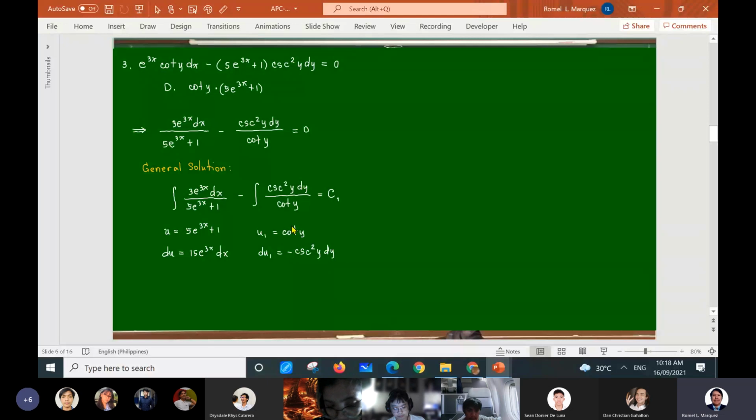So we have cosecant squared y, then dy. So getting here, we need 15, no? I will put 3 out, and I will put 15 balanced by 1 over 15. Or I can also multiply by 5, balanced by 1 over 5, so that it is 15. Am I correct, children?